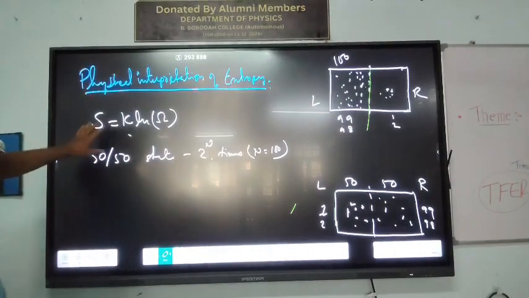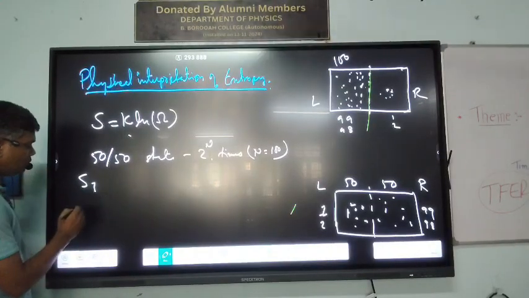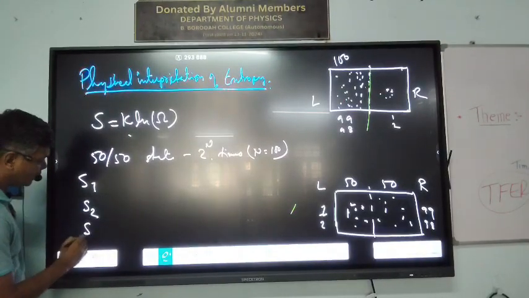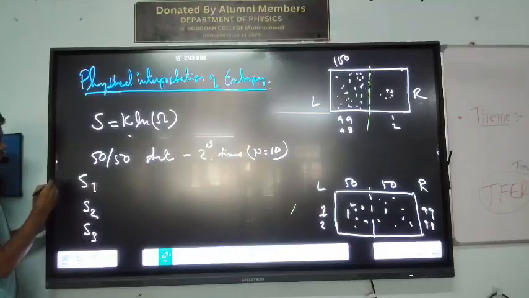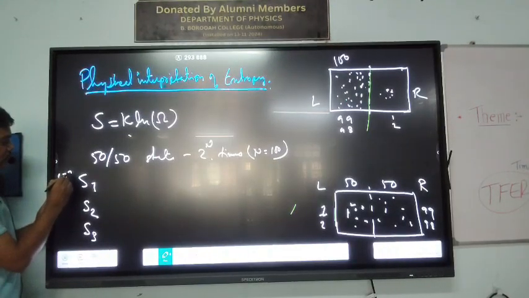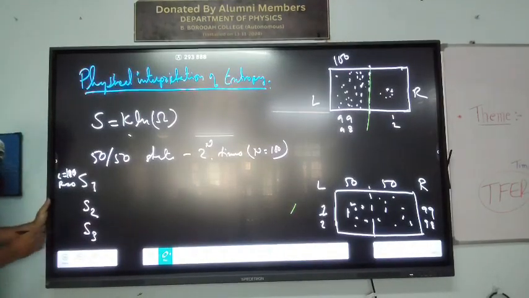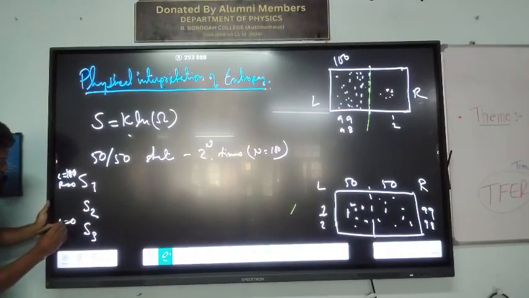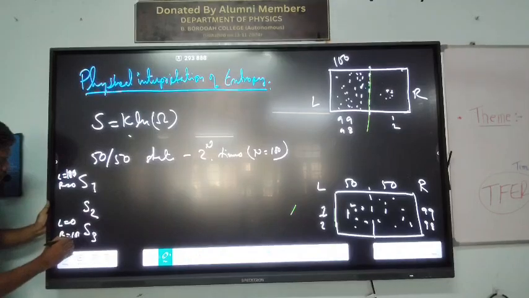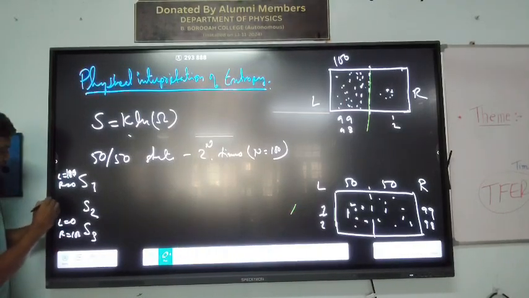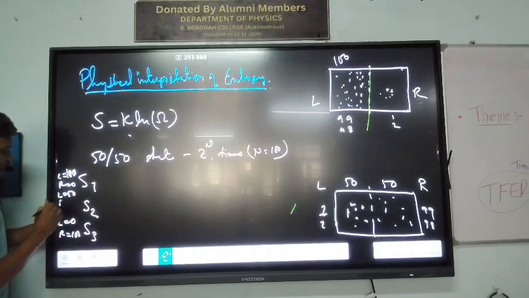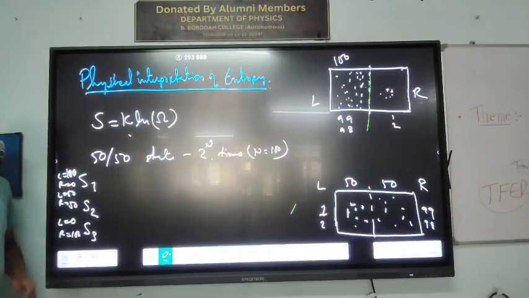If that is so, then I will calculate the entropy, S1, S2 and S3. What is S1? L100, R0. This is L0, R100, and this will be L50, R50.